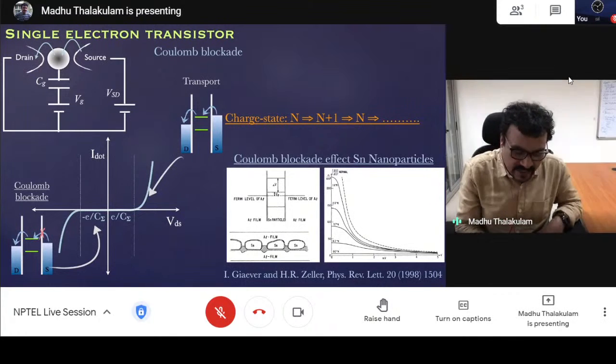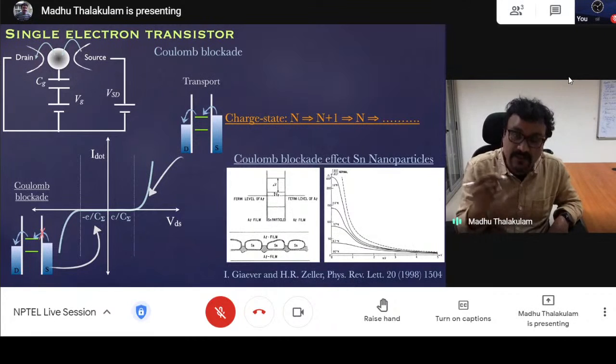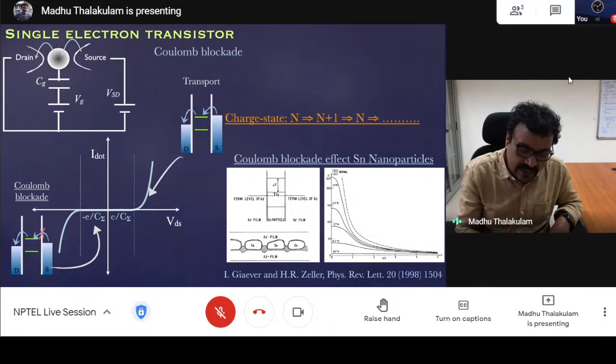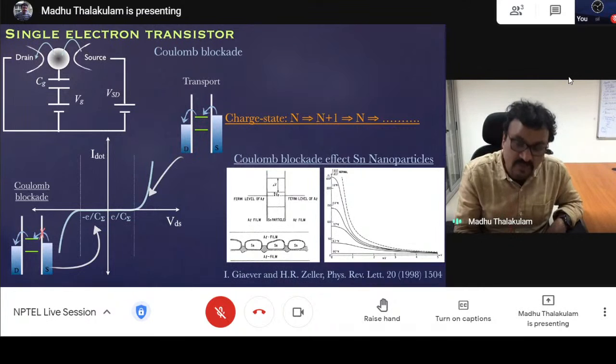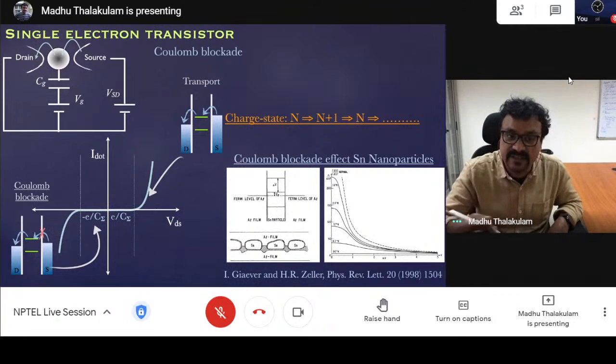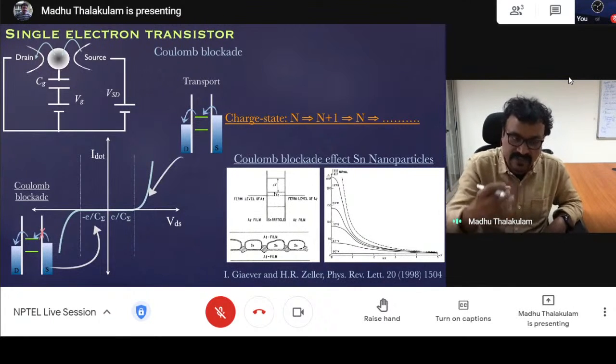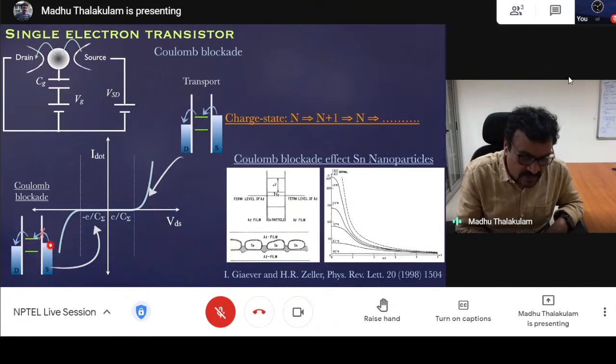So what you are going to have, if you take an IV, current-voltage characteristic of the quantum dot, is this: I have a simple cartoon of the electrochemical potential of the dot, where these green lines represent the electrochemical potential of the dot, and D and S represent the drain and source levels. Under normal conditions, an extra energy, the charging energy, is required to put an electron on the dot, above the source and drain.